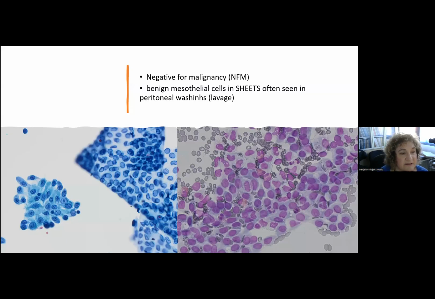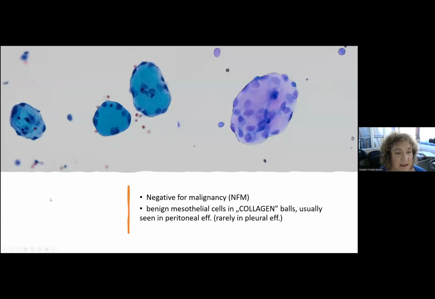So another nice example of negative for malignancy slides. We have benign mesothelial cells in sheets, often seen in peritoneal washings, in lavage, here in Papanicolaou stain and here in May-Grünwald stain. The next I wanted to show you, these are also negative for malignancy, but these structures are called collagen balls, and these are really benign mesothelial cells with the collagen inside.